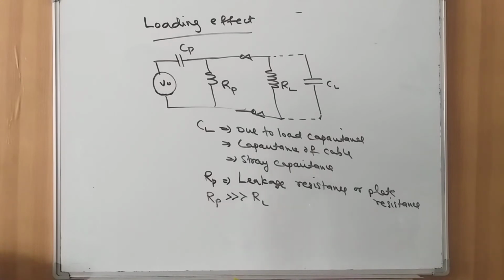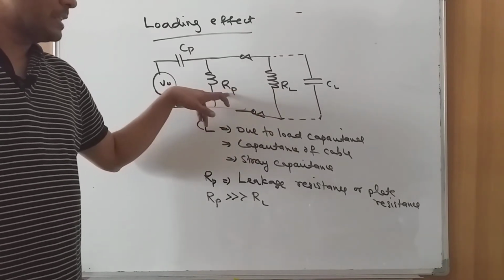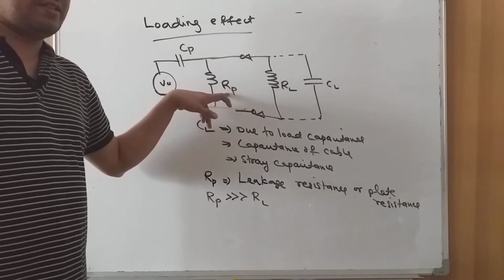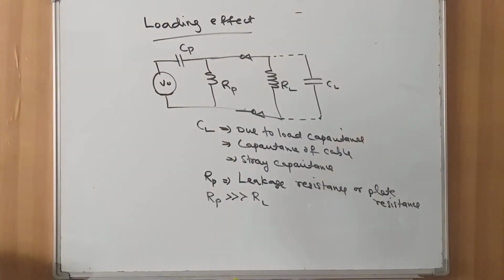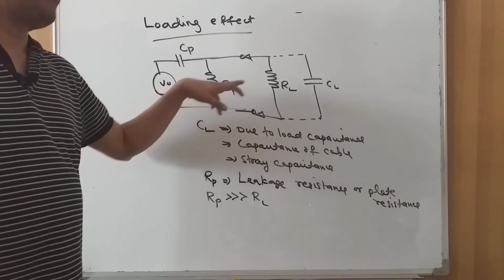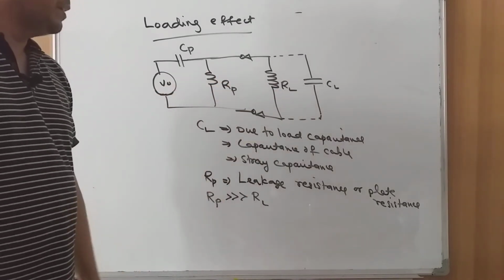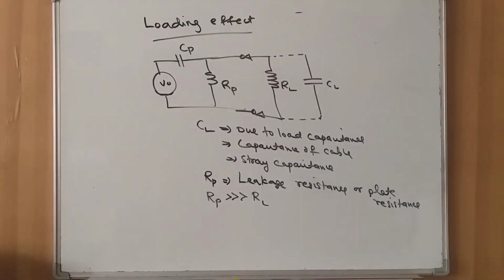Now, the circuit consists of RP and RL in parallel. RP, as we already said, is the plate resistance, also called the leakage resistance of the piezoelectric transducer. The value of RP is much higher than the value of RL. Therefore, we can further simplify this diagram as follows.